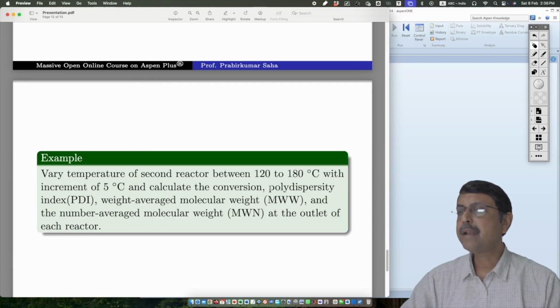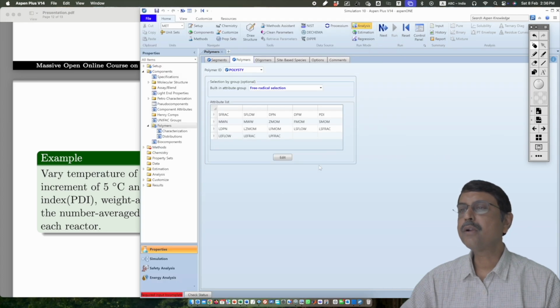We have been asked to calculate the polydispersity index, weight average molecular weight MWW and number average molecular weight MWN. So these two things are also there. You see, this is number average molecular weight and this is weight average molecular weight. So all those polymer attributes are there. The moment you choose free radical selection, they will automatically come up. They are attached to it.